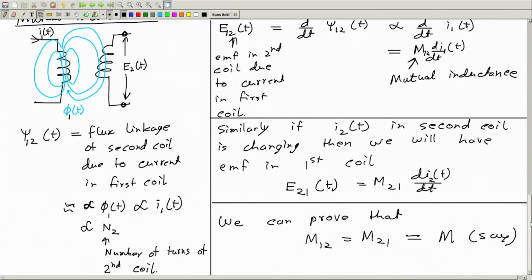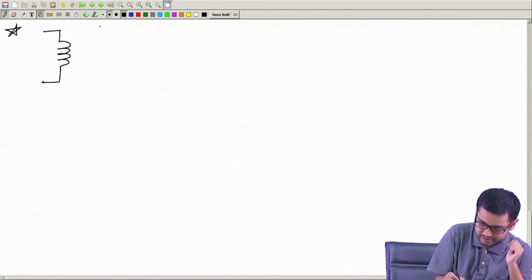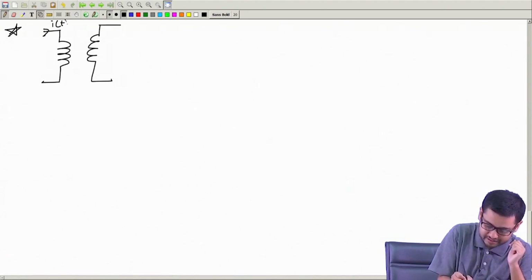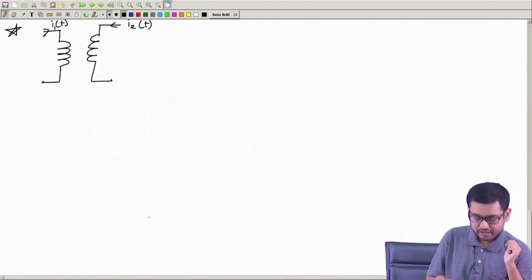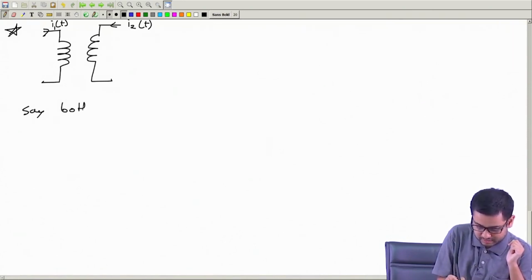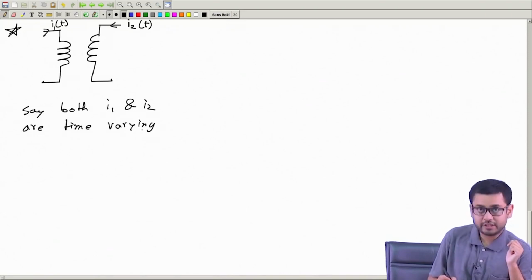Okay, now, next point: if I have two coils both carrying currents i1(t) and i2(t), say both i1 and i2 are time varying, then what will happen?